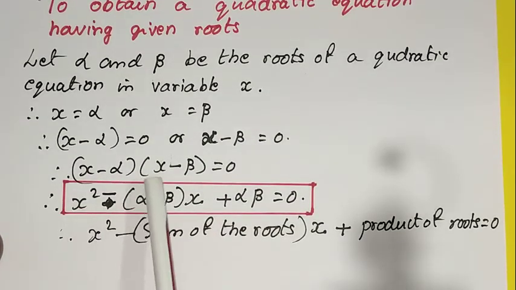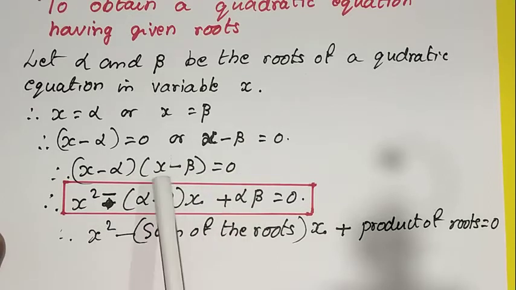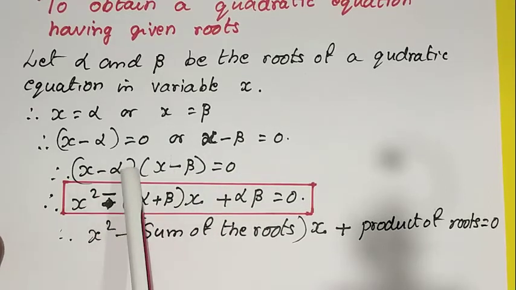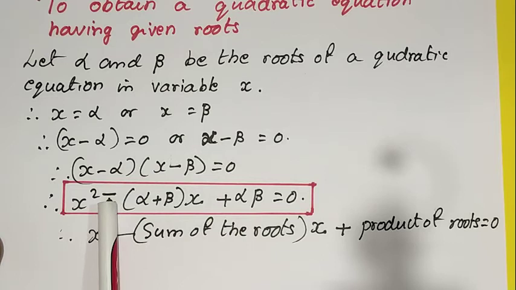So, x minus alpha into x minus beta equal to 0. When you expand this, we get x square minus alpha plus beta into x plus alpha beta equal to 0. So this is the quadratic equation if alpha and beta are the roots. Or we can say it is x square minus sum of the roots into x plus product of the roots equal to 0.